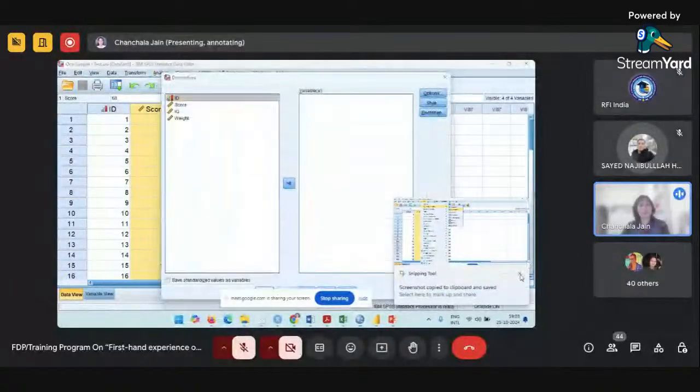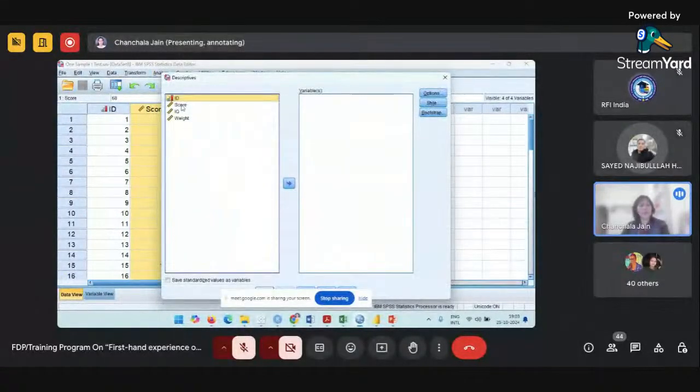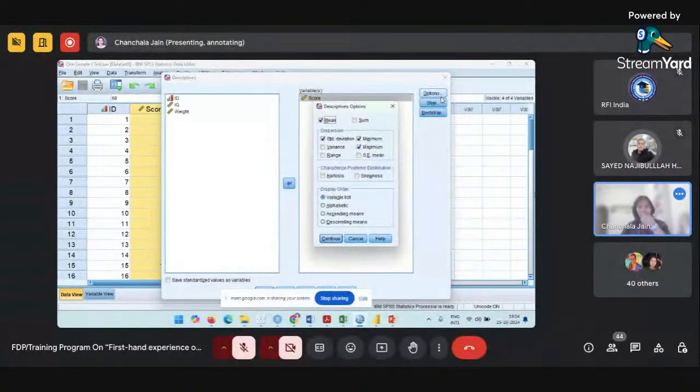Now after that, the dialog box will appear. Here, suppose I am picking the first variable, which is score, and shifting it into this box. Now click on the Options button. There you can find mean, standard deviation, maximum and minimum value are checked.